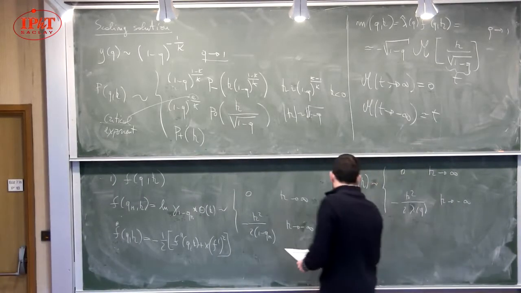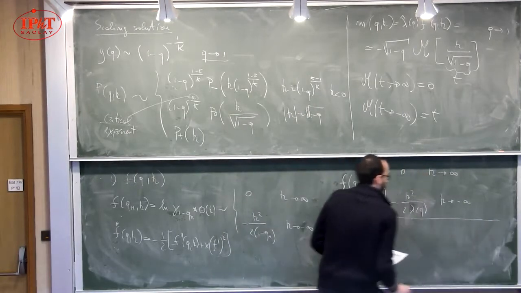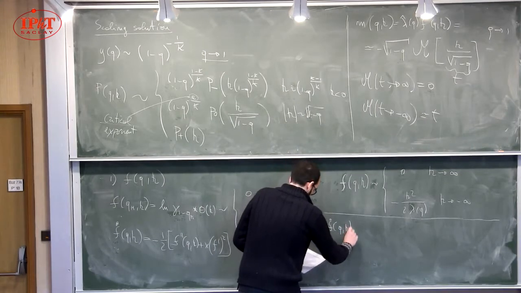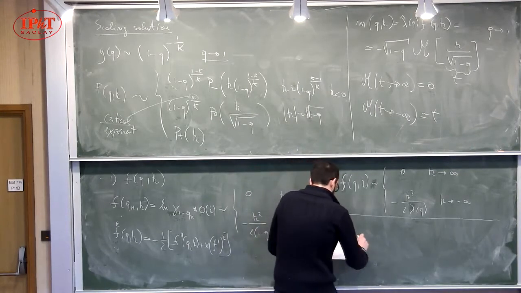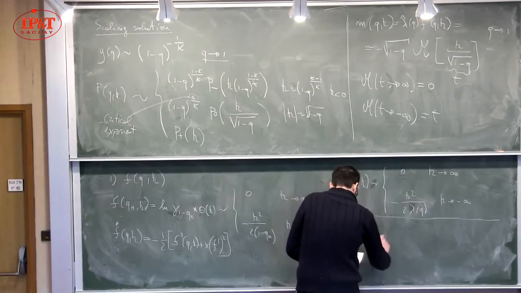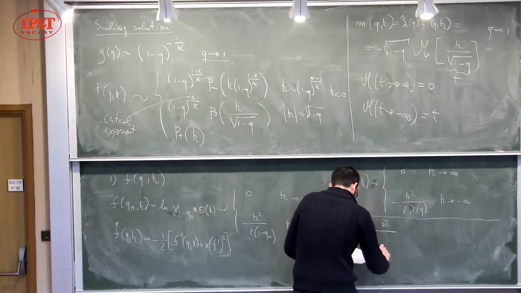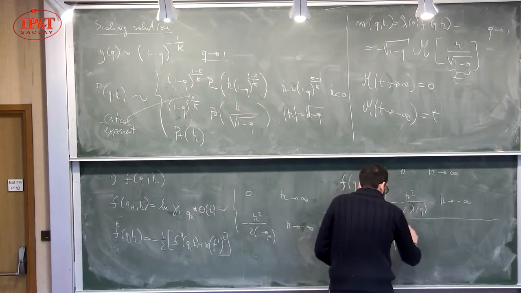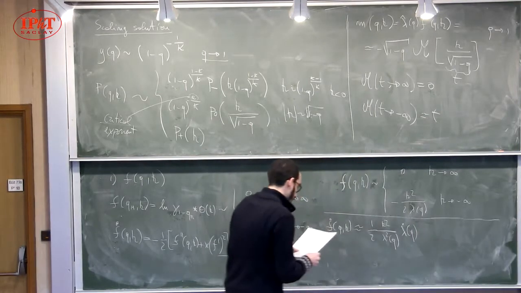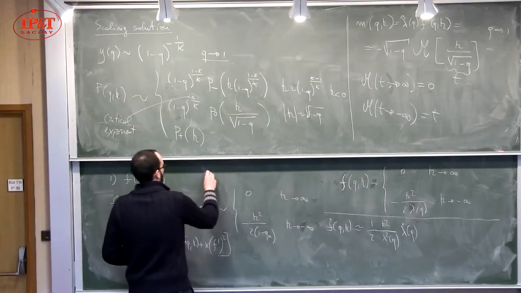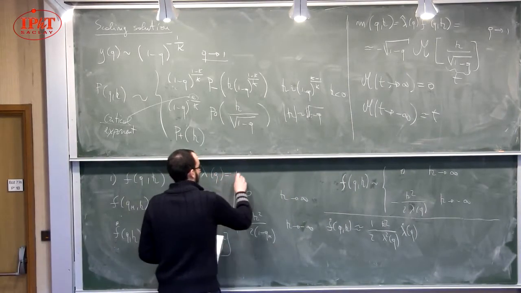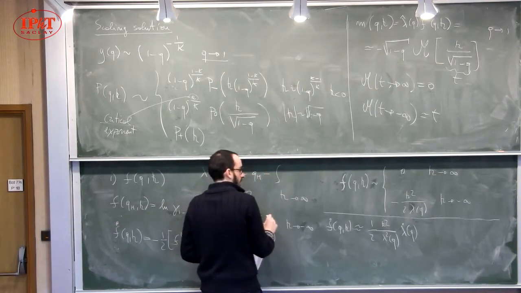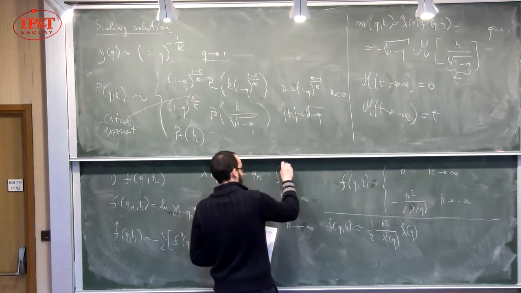So if you do, so we have f dot. Let me just remind that lambda of q is 1 minus q.